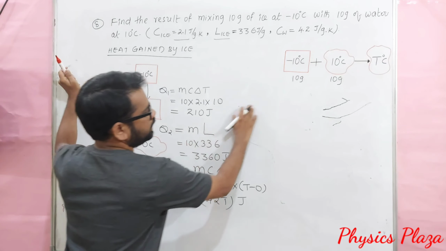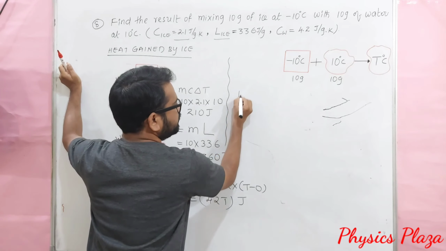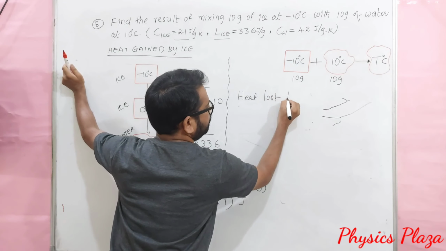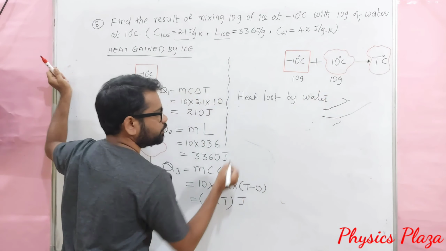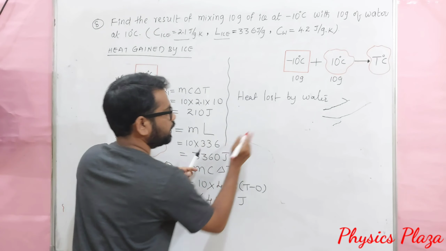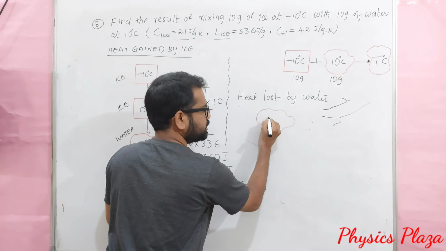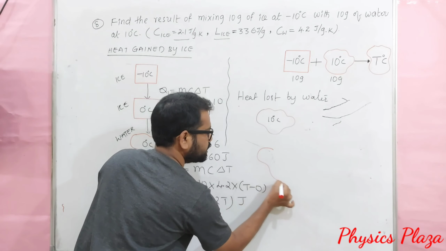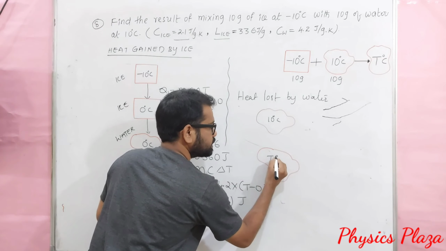Here, heat lost by water. Initially the water is at 10 degrees Celsius. Let us assume its temperature is reduced from 10 degrees Celsius to T degrees Celsius.